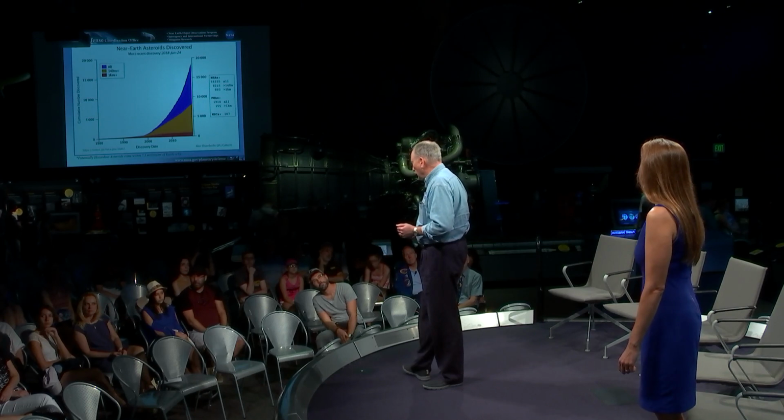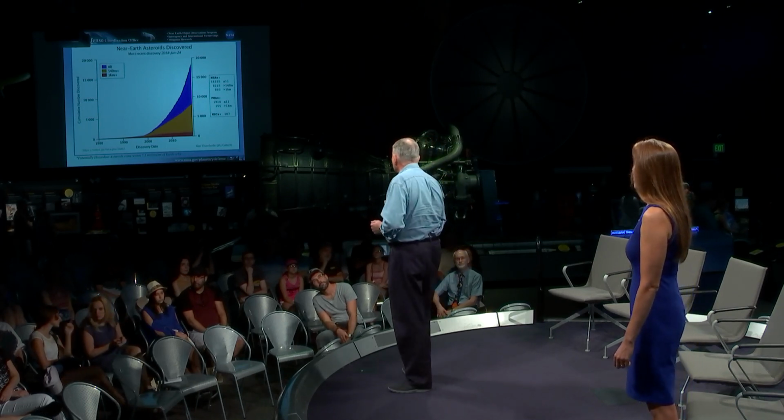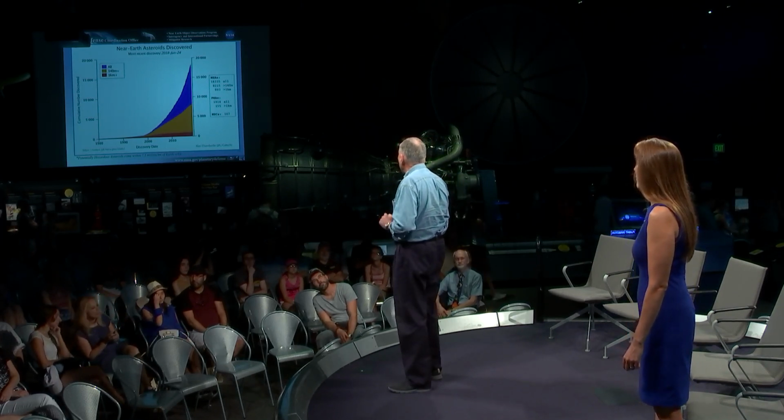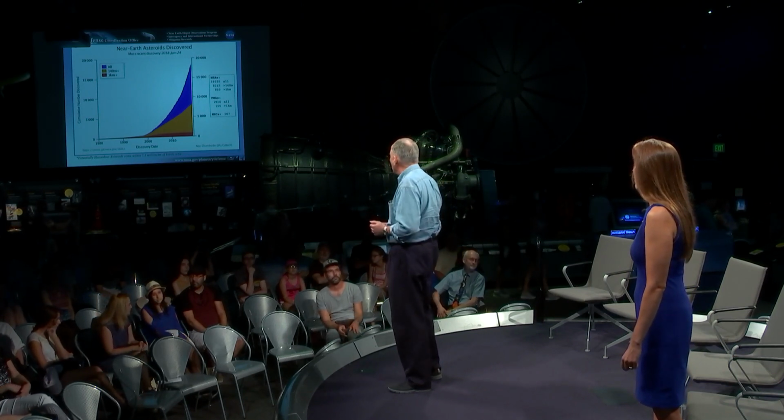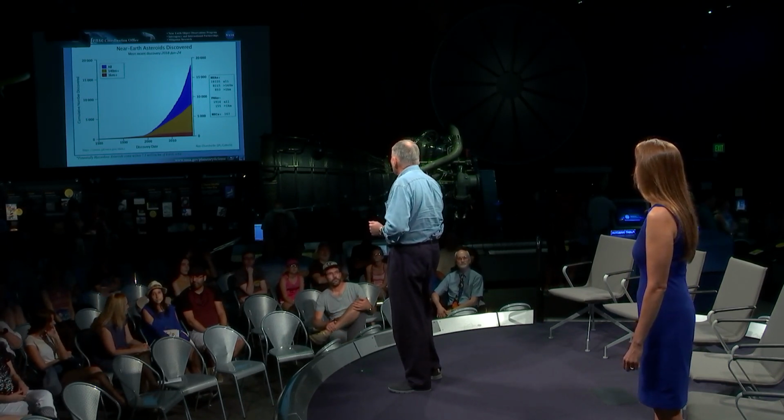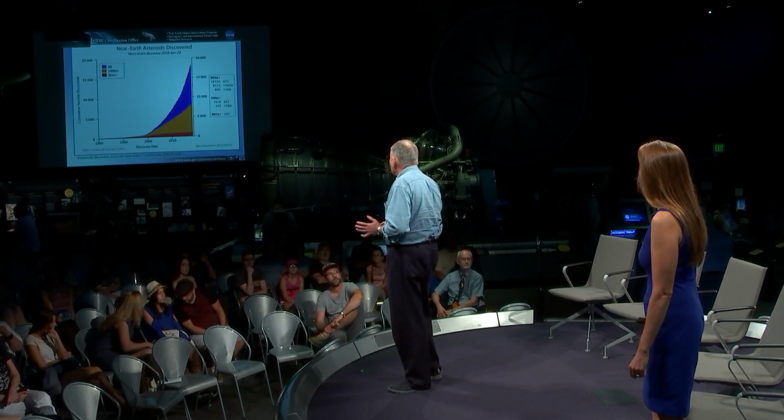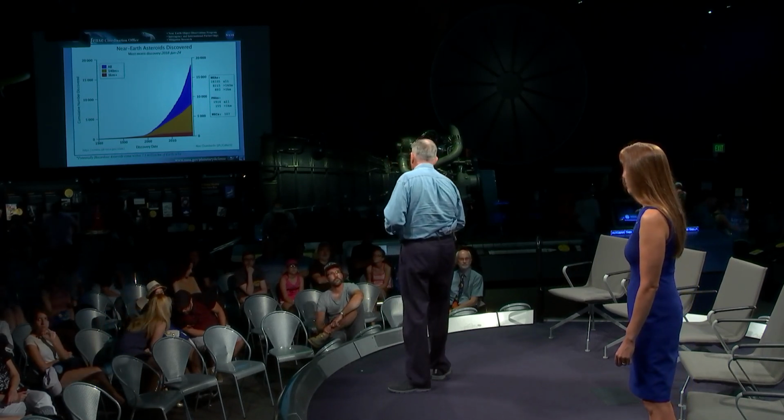So our total catalog now is over 18,335 as of the 24th, which was about a week ago. And then we've listed what of that population we consider the potentially hazardous asteroids.